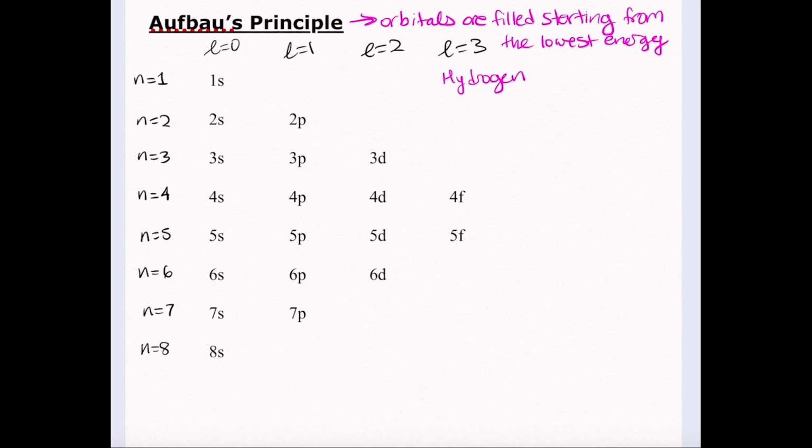We know its atomic number is 1, and the electronic configuration for this will be 1s1 because it's filling 1 electron at the subshell, and the quantum number is 1. And this is s because it's the lower energy orbital that it has to fill.